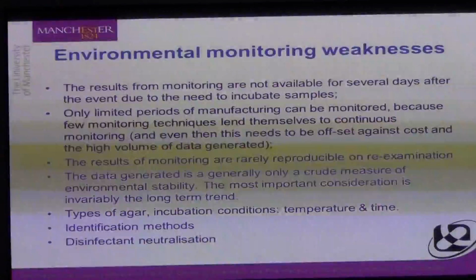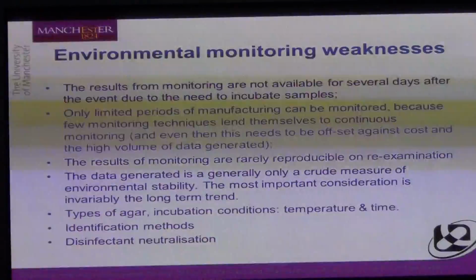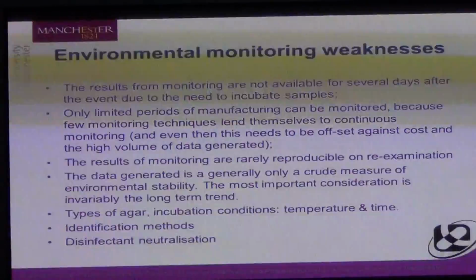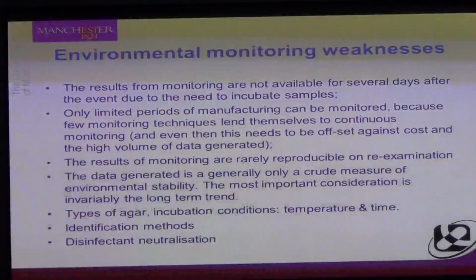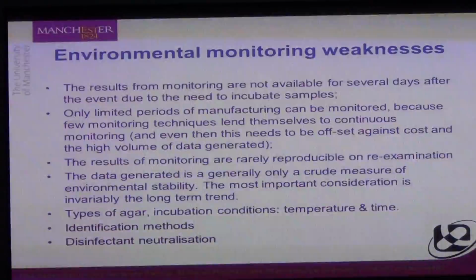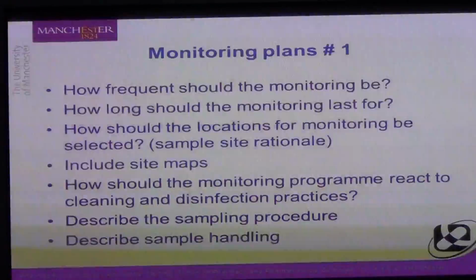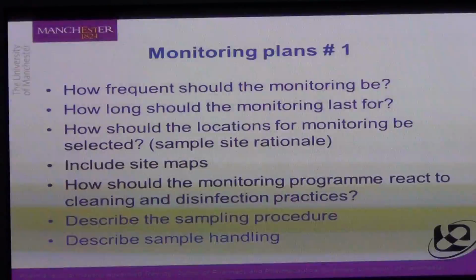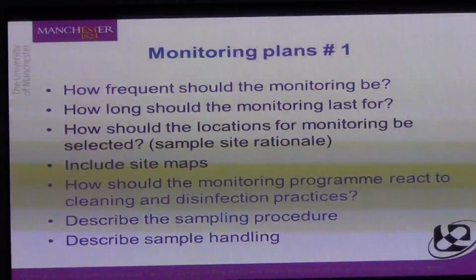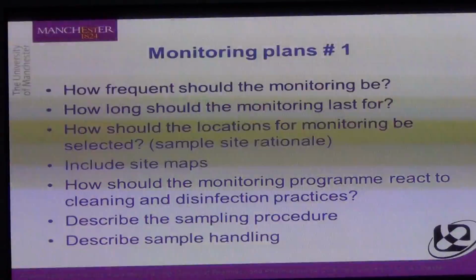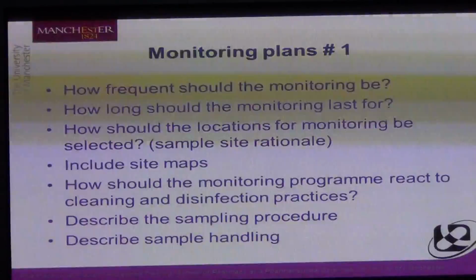Another factor is, in terms of recoveries, how well we've neutralised any disinfectant residues that might be, say, present on the surface. There are further weaknesses that you will probably have had in your notes as well, so it'd be useful perhaps to compare those two sets.